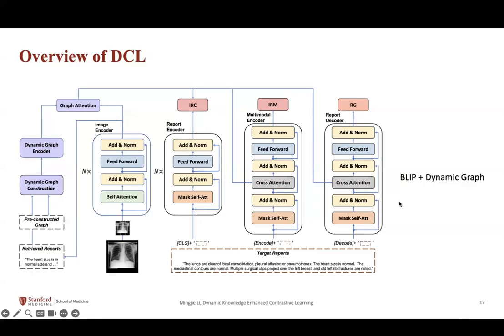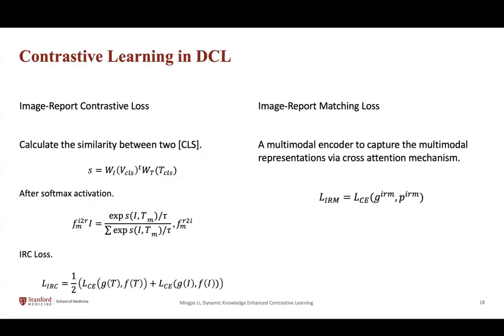And different from LEAP, we did not use pre-training. We directly train the whole network, and we find it achieves better performance than if you just do the pre-training at the beginning. So here we will introduce the 2 contrastive losses in our approach, which are similar to LEAP. The first one is the image report contrastive loss.